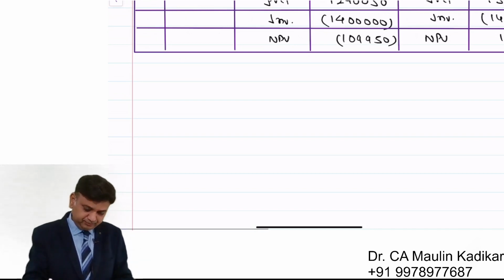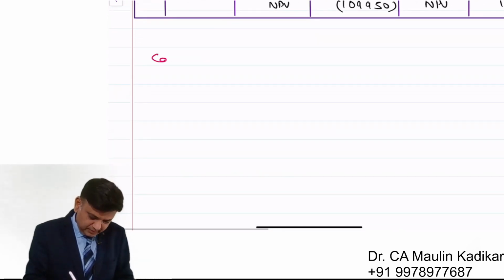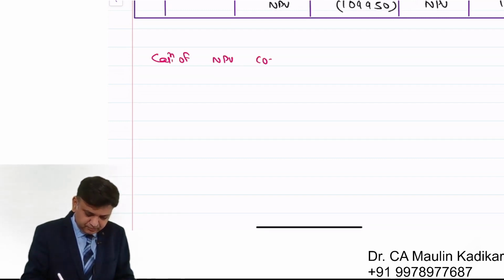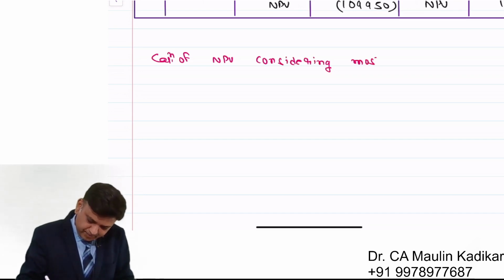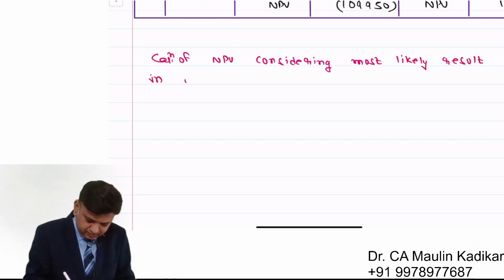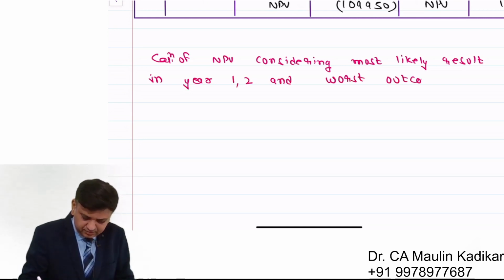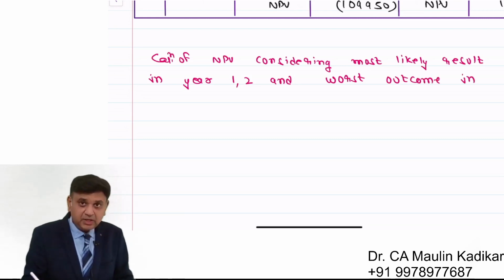Please write down the answer. Calculation of NPV considering most likely result in years 1 and 2 and worst outcome in the third year.